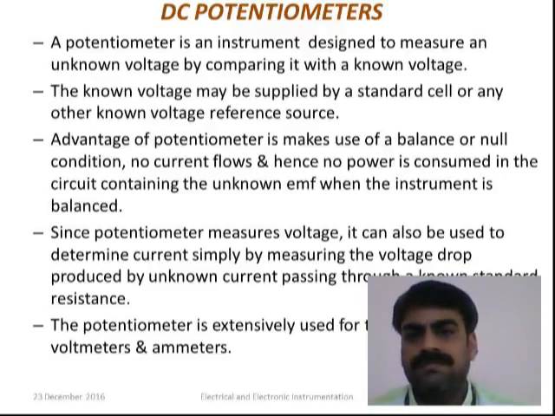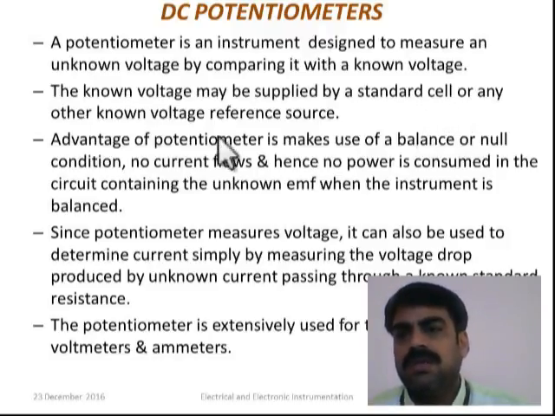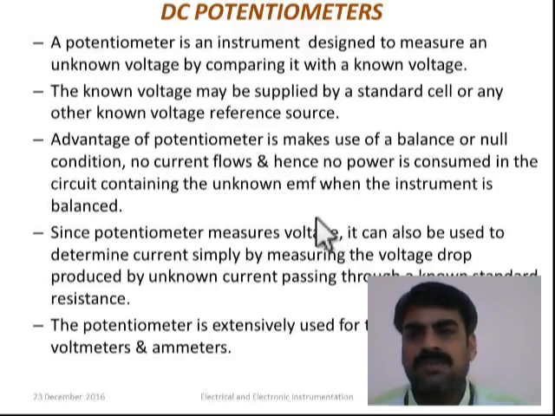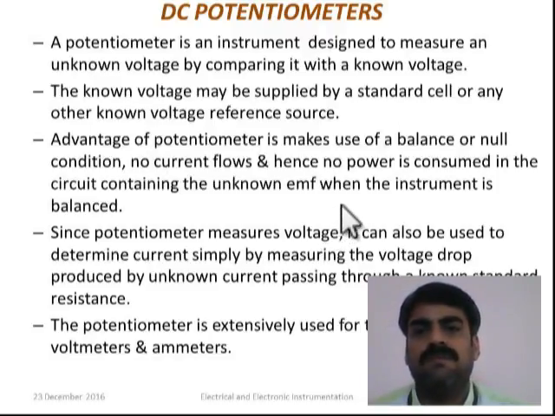For comparison, we will be using the standard cell or known voltage as a reference. The advantage of the potentiometer is that it makes use of a balance or null condition. Because of that, no current flows and hence no power is consumed in the circuit containing the unknown EMF when the instrument is balanced.